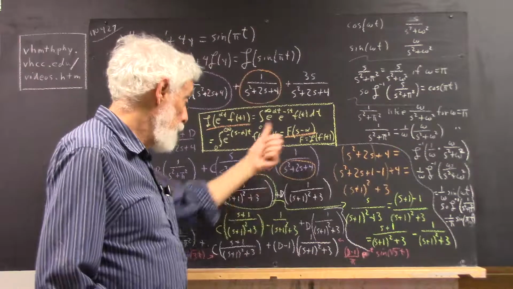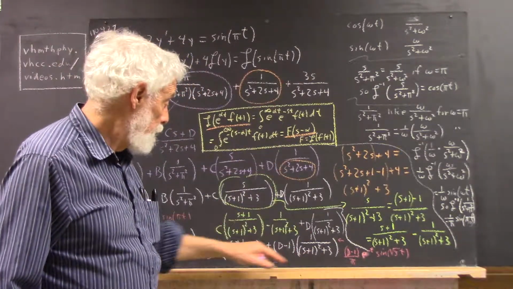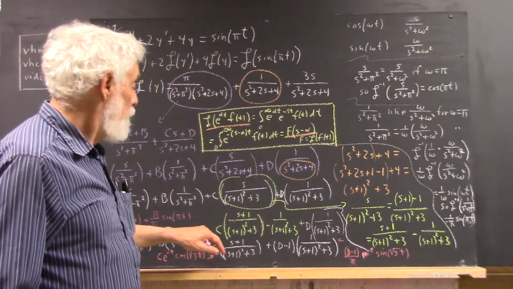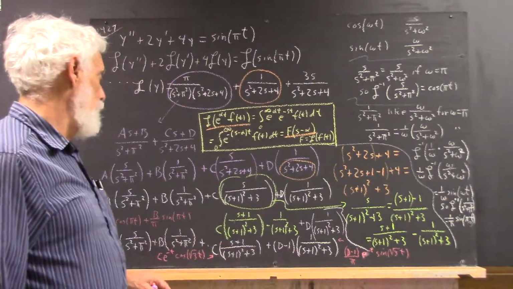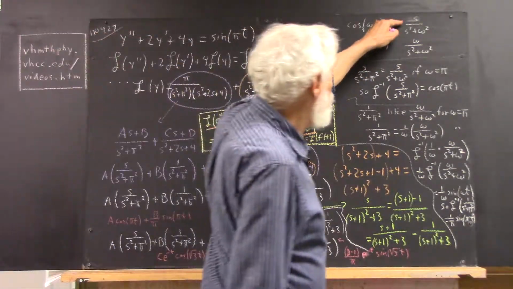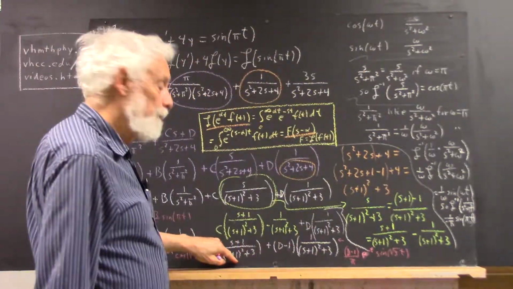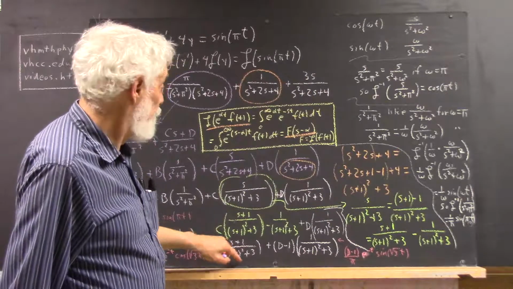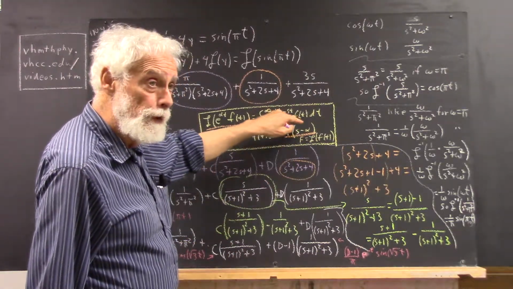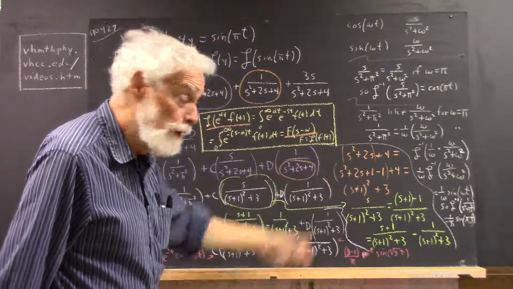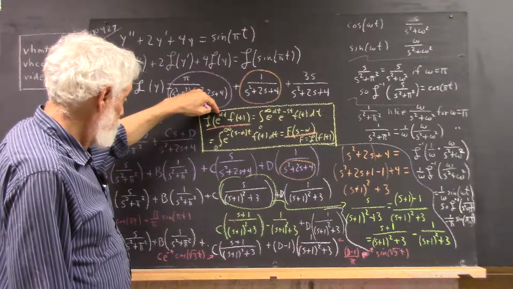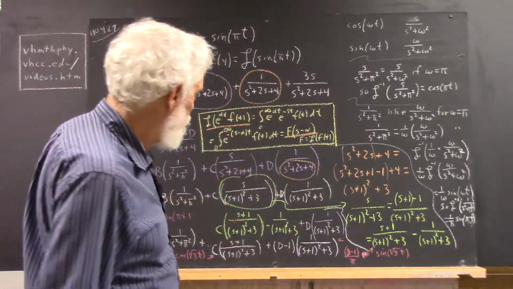So the inverse transform of this: the s that you get for the cosine function has been replaced by s plus 1. Okay, so s minus alpha is s plus 1, so alpha is negative 1, so you have an e to the negative t here.